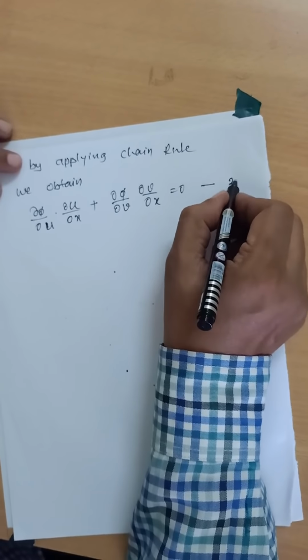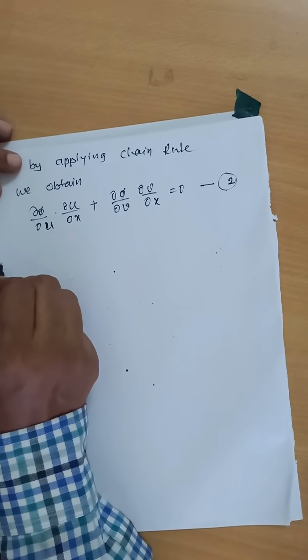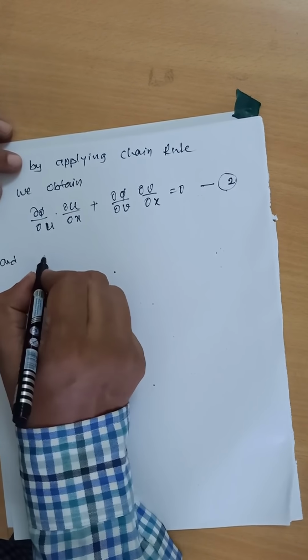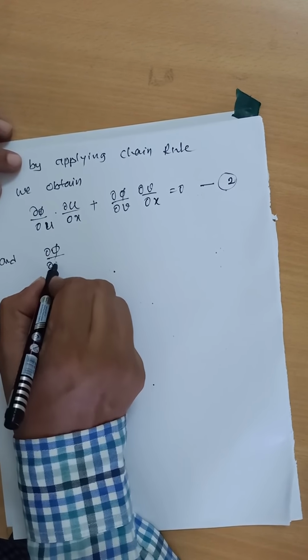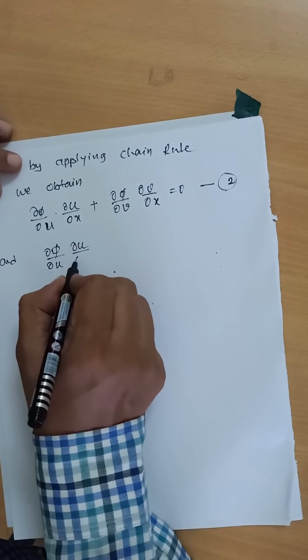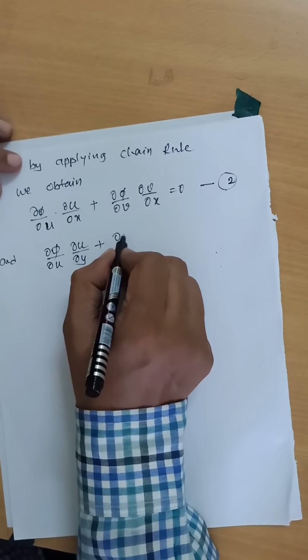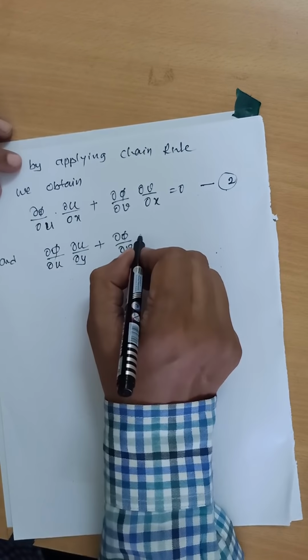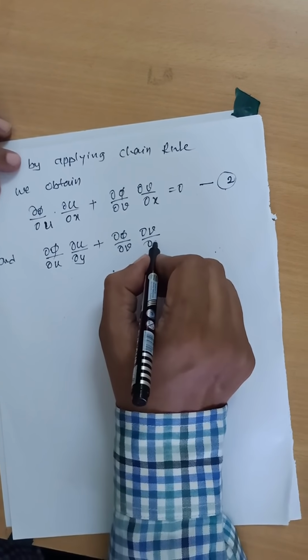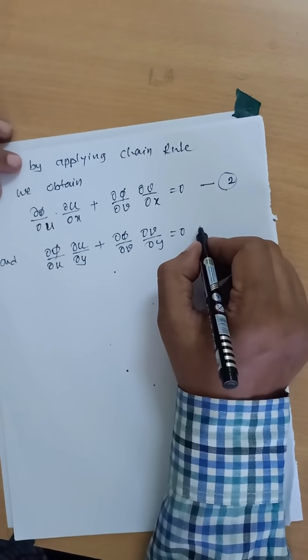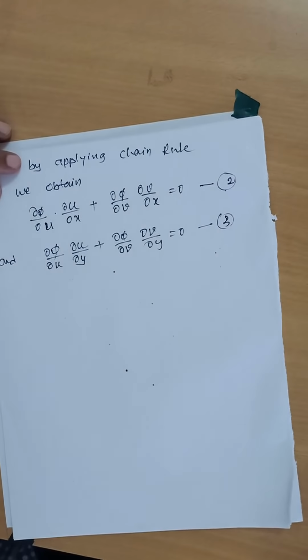You call this equation number 2. And with respect to y, it means ∂φ/∂u into ∂u/∂y plus ∂φ/∂v into ∂v/∂y, chain rule, you call equation number 3.